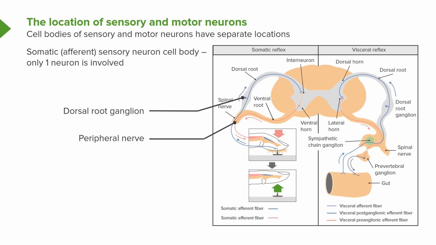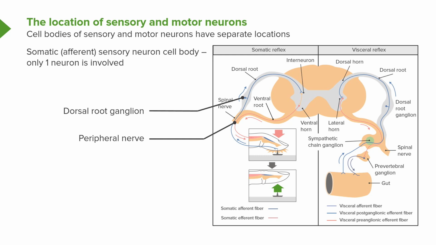And notice its axon travels from the periphery, from the fingertip, picking up the sensation of pain, probably, from the finger prick. That pain travels along the axon into the dorsal root ganglion and travels further on past the cell body of that sensory neuron into the dorsal root and into the dorsal horn.